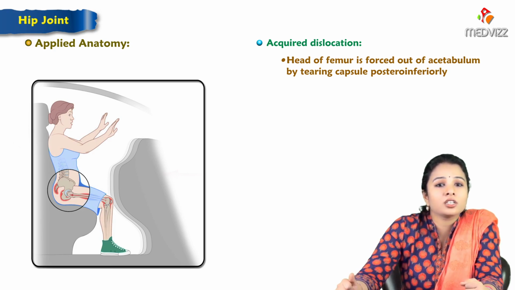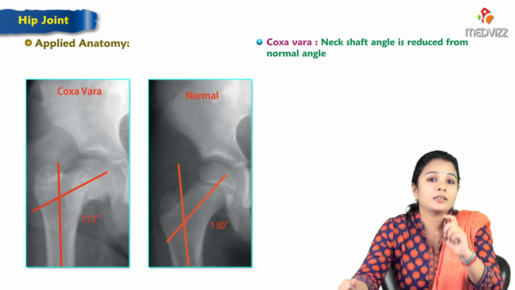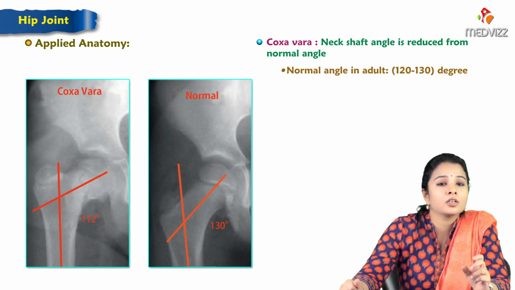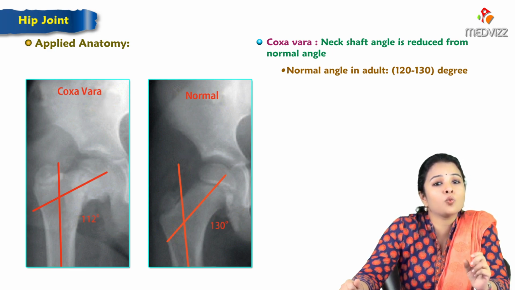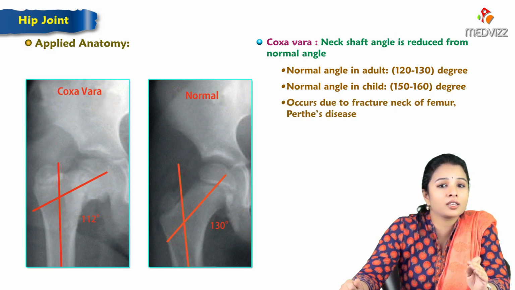The next condition associated with the hip joint is coxa vara, means the neck shaft angle is reduced from normal angle. So what is the normal angle? The normal angle is 120 to 130 degrees in adults and 150 to 160 degrees in children. So often the neck shaft angle is reduced due to the fracture of neck of the femur.